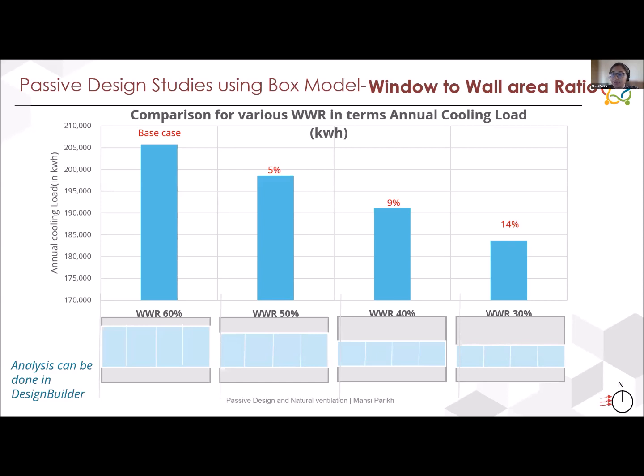Here I have considered annual cooling load because I wanted to look into the impact it would have in terms of HVAC systems, or say in terms of only cooling of the whole building. As you can see, when we look into the overall pie chart of the annual energy consumption of a particular building, for buildings like residential, or specifically office buildings or these academic buildings, almost 50% of the total energy consumed is for HVAC systems.